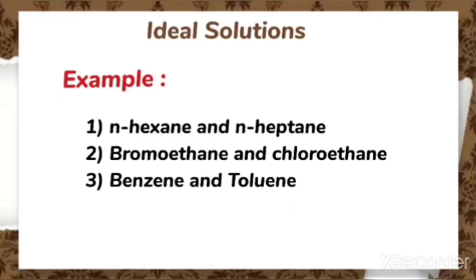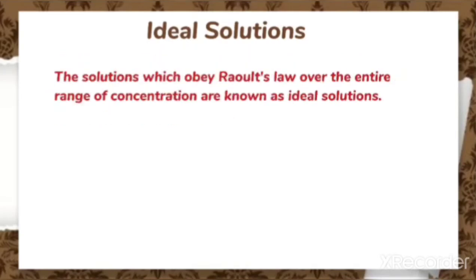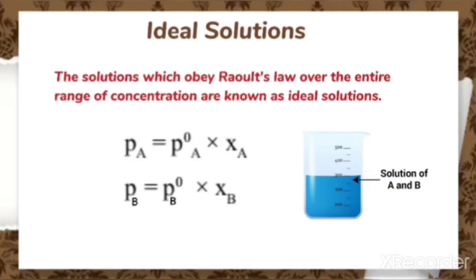It is important to note the properties of an ideal solution, so just recall the points. What is an ideal solution? The solution which completely obeys Raoult's law over the entire range of concentration is known as an ideal solution. In the ideal solution, PA is equal to P0A XA and PB is equal to P0B XB.